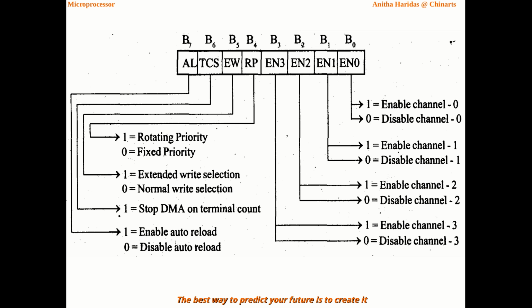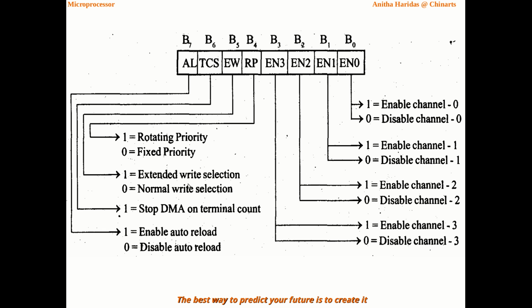If both these devices, both pen drive as well as CD, are requesting the DMA operation simultaneously, depending on the priority, any one of the devices will be used for the DMA data transfer. So that is what is called the priority. Whether you want to give a fixed priority or a rotating priority can be specified here.